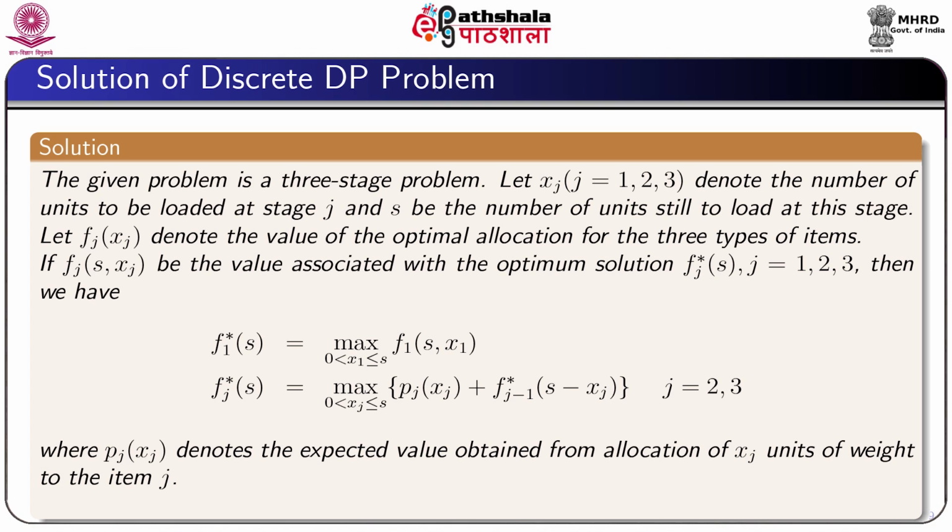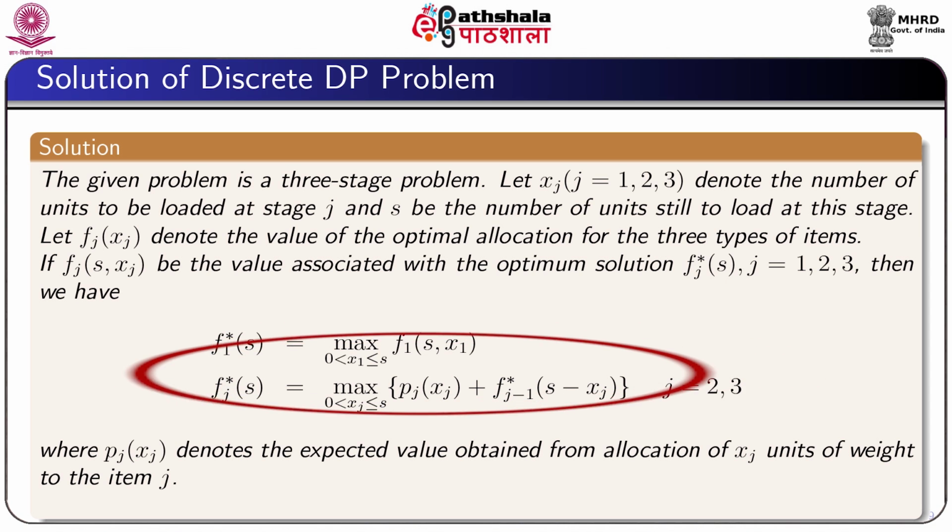Let fj(s, xj) denote the value of the optimal allocation for the 3 types of items, and let fj*(s) be the value associated with the optimum solution. Then we have the recursive equation.